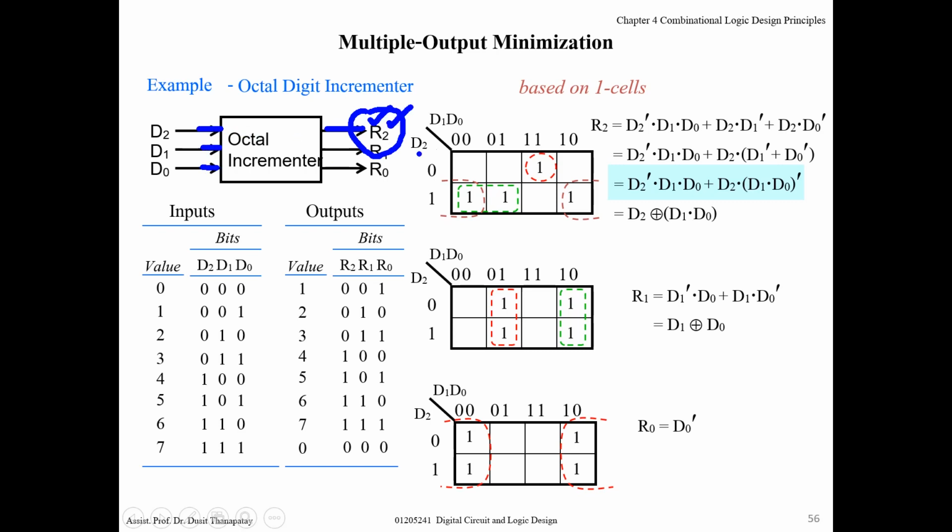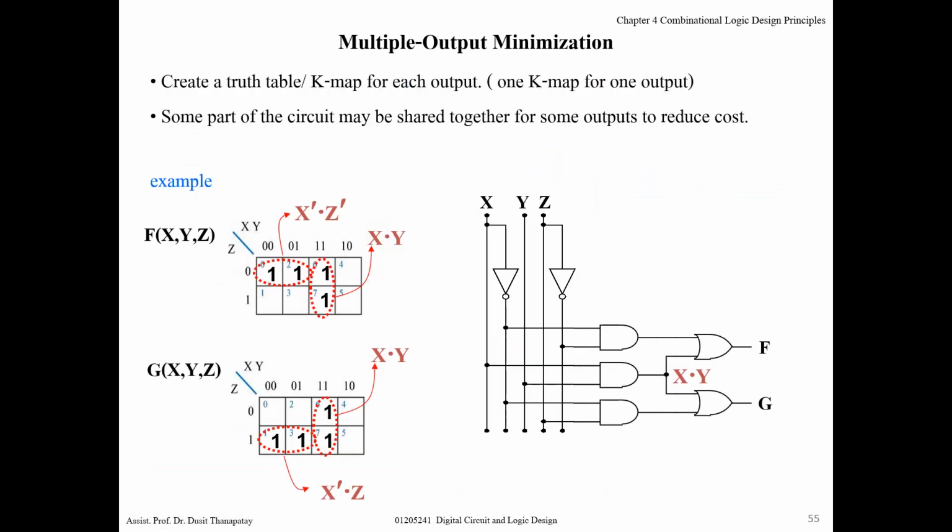Maybe write one Kmap for each output, and then after finding the equations for every output, you just consider whether there is some common term or not. If yes, you choose it. That's all for the design. And okay, the end of this chapter.